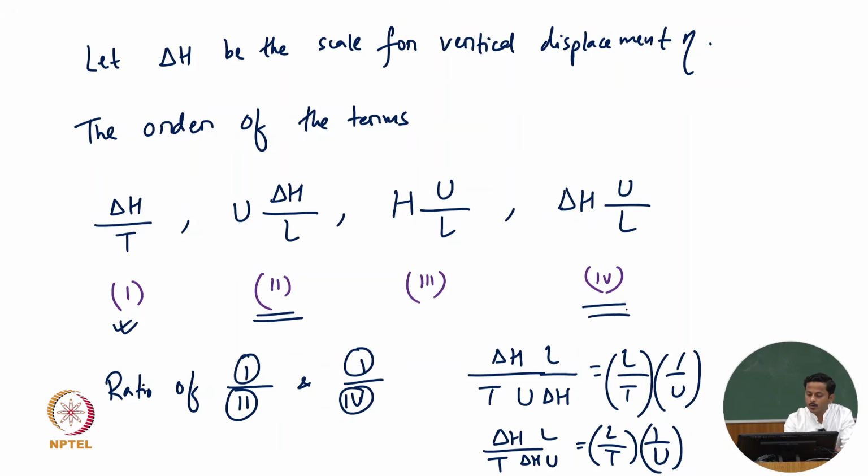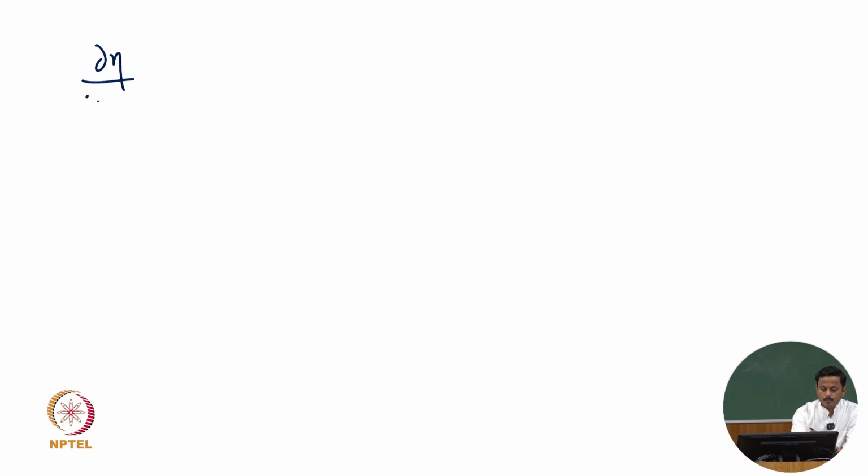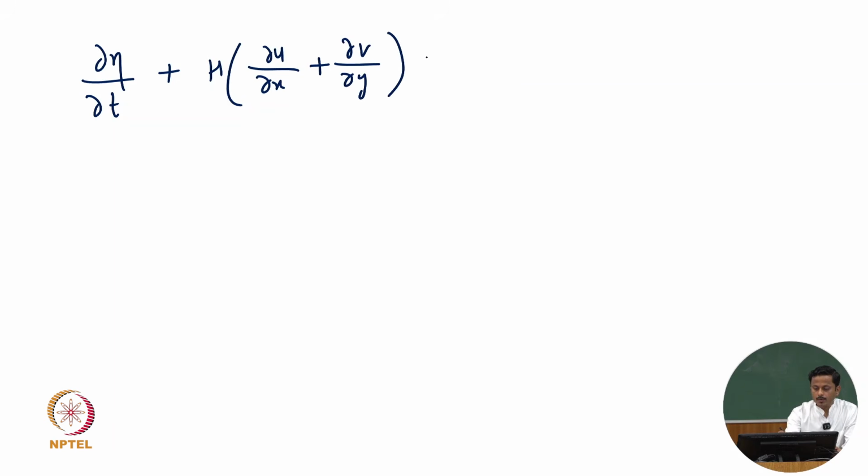Hence 2 and 4 can be neglected with respect to the term 1. Hence the form of the continuity equation now reduces to del eta del t plus h del u del x plus del v del y equal to 0.